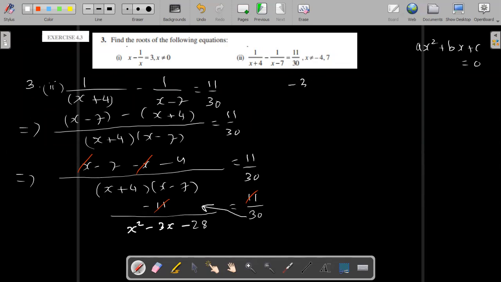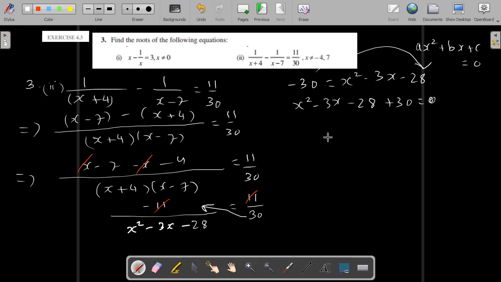This will become minus 30, and right hand side will become x square minus 3x minus 28. And this 30 also you bring this side, we get x square minus 3x minus 28 plus 30 is equal to 0.